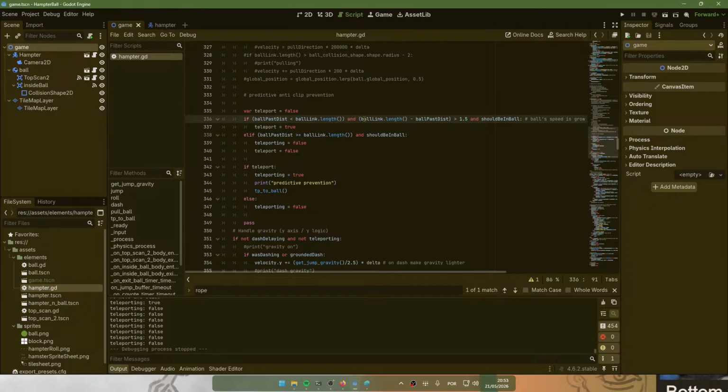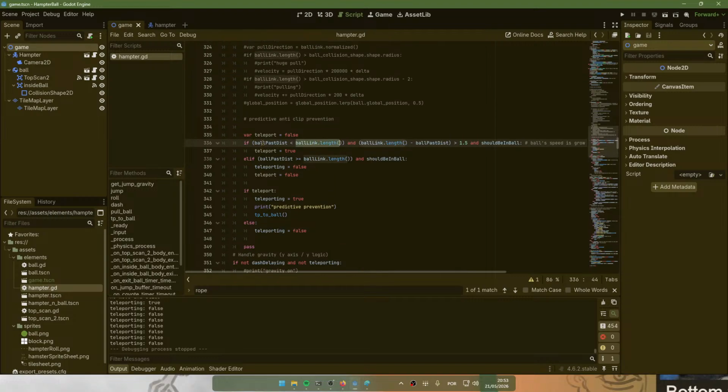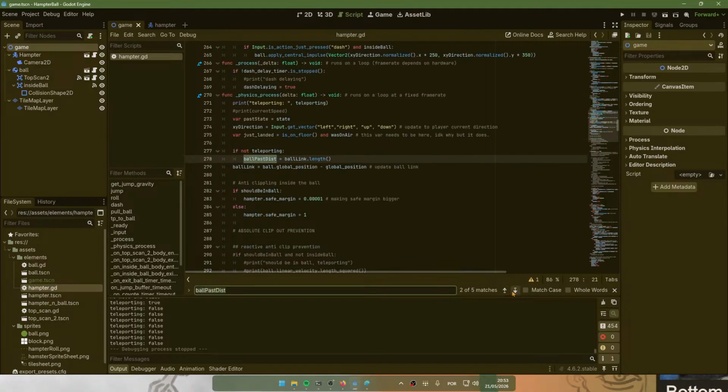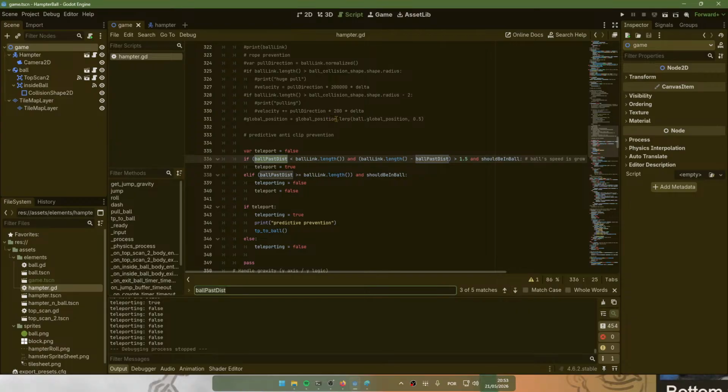Because this is calculating the past distance and checking if the past distance is higher. What is the past distance, dude? I think past distance is the ball length of the previous frame.